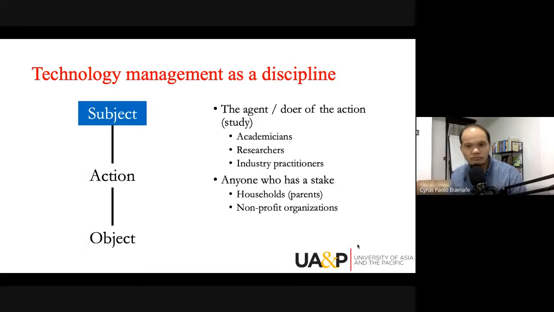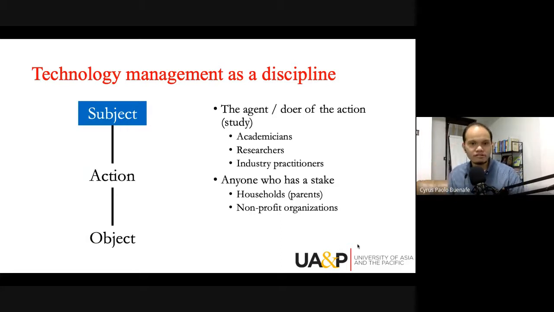Academicians definitely. People like myself in the academic institutions, of course we are studying technology management. Researchers, but even you as industry practitioners, you should also study technology management. But I would dare say to go even beyond that. The ones who need to study technology management are those who have a stake in making technology useful. Who has a stake in making technology useful? Practically everyone.